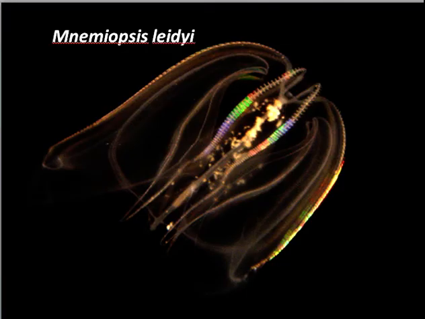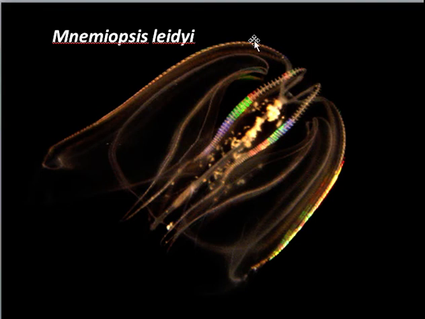So this little guy here, Mnemiopsis leidyi, is what's called a comb jelly, or a ctenophore. If we look at the way this thing is constructed, it's a little filter feeder. It swims through the water, looks like a jellyfish, but it's not a jellyfish, it's a ctenophore. And it's got these rows of cilia, no tentacles. Well, some of them actually have tentacles, but they're not tentacles like a jellyfish.